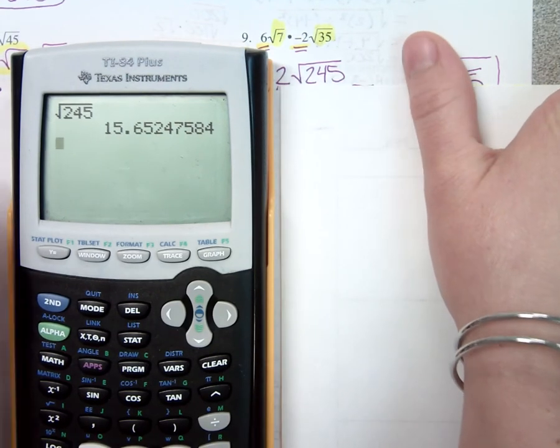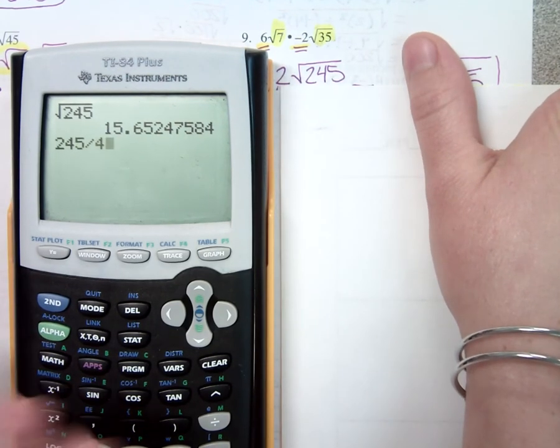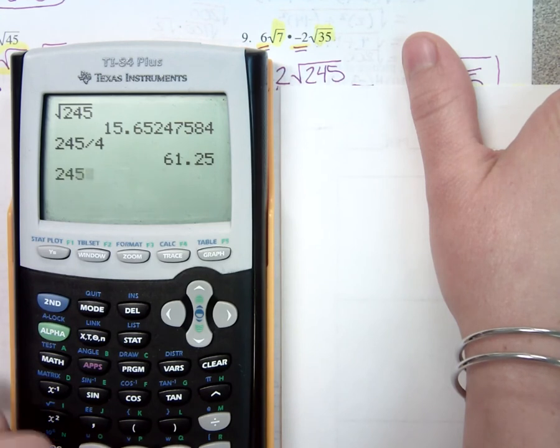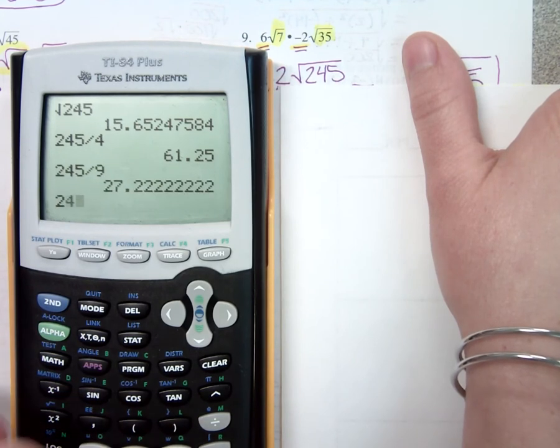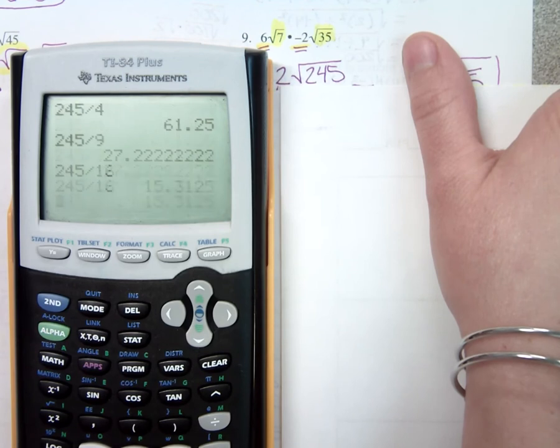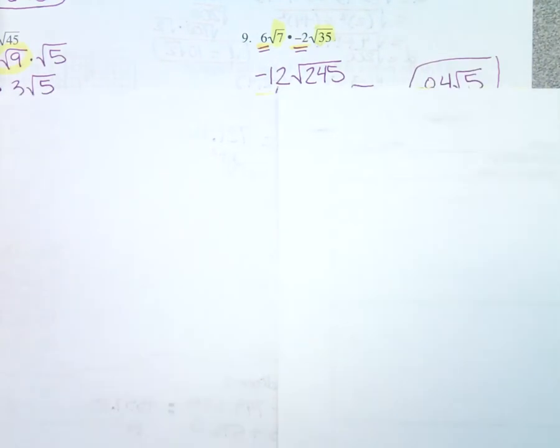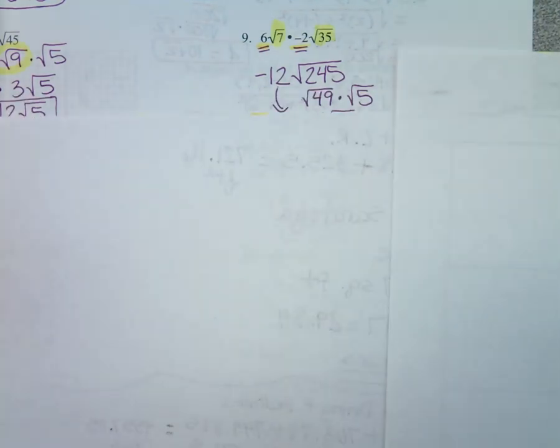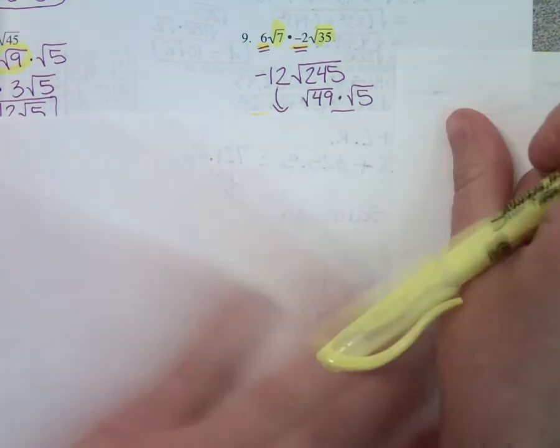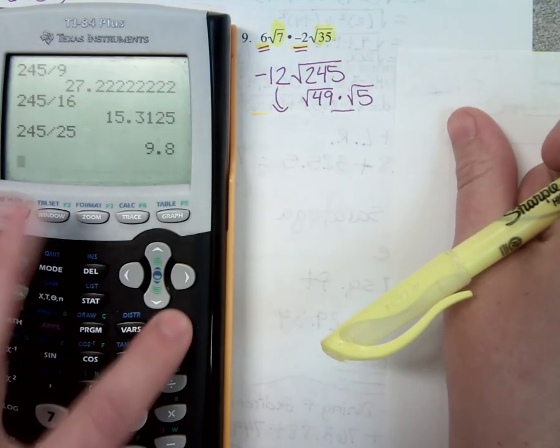So this is when I start breaking it down. I try to figure out what perfect square goes in there. Does 4 go in there? No. Does 9 go in there? No. Does 16 go in there? No. And I just keep going. Does 25 go in there? No. And if you go far enough, you're going to find that 49 is a perfect square that goes in there, and it goes in there 5 times.